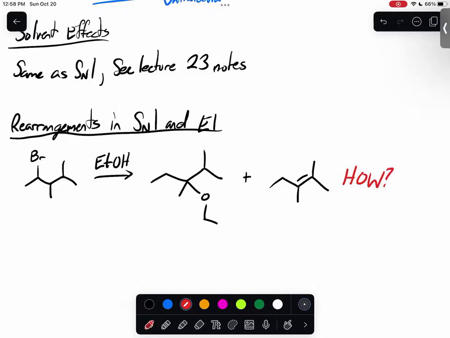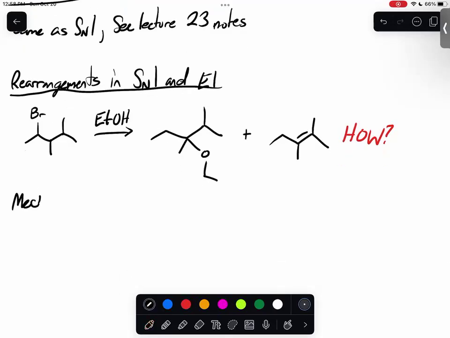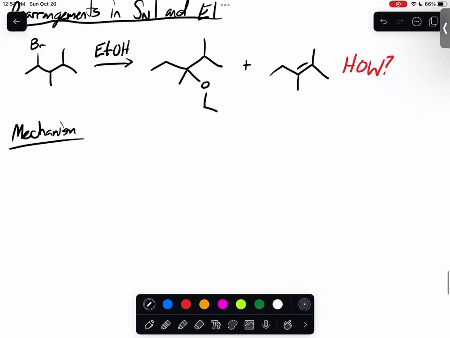So looking at the mechanism of this specific reaction, we see a very interesting rearrangement right in the middle. Because the first step is always the same, right? Leaving group leaves. The bromine is now gone. And so what we see is we have that carbocation sitting there. But interestingly enough, it can actually be moved around a little bit.